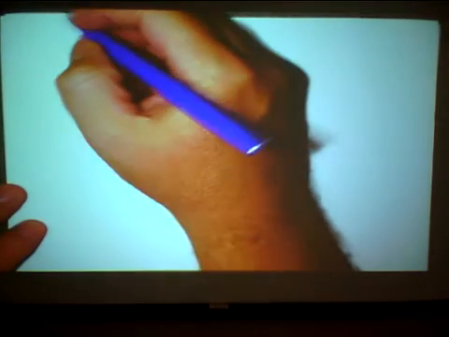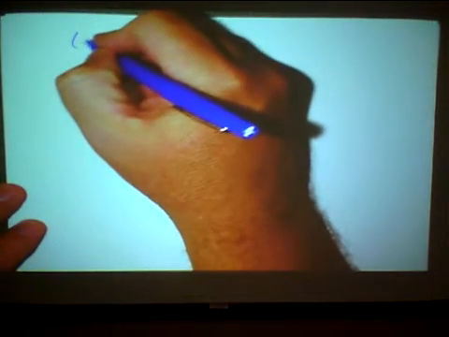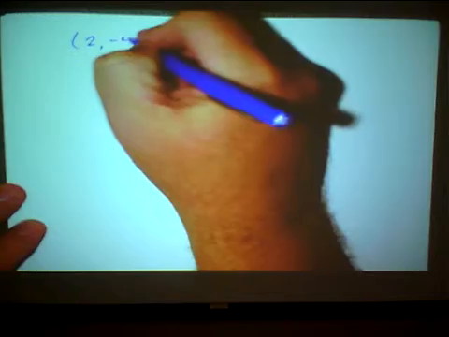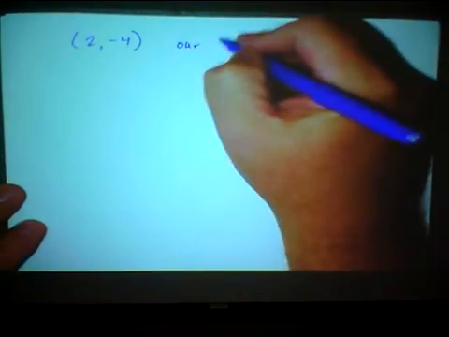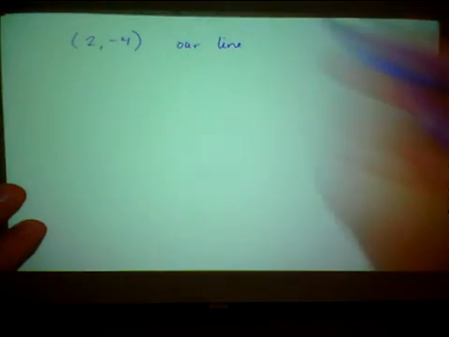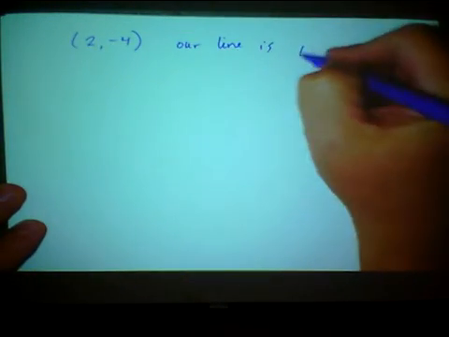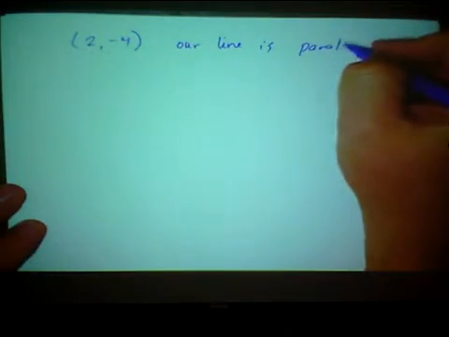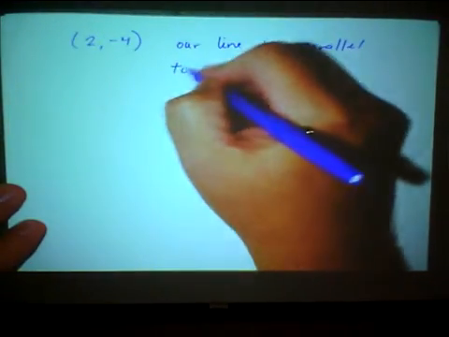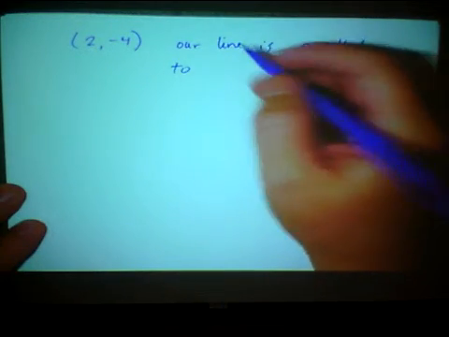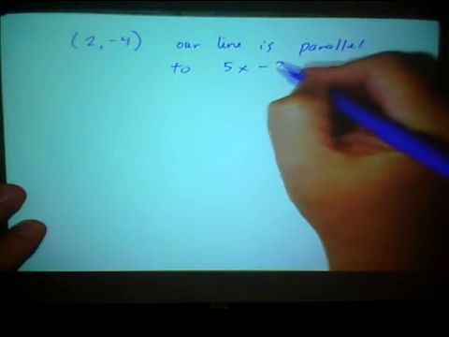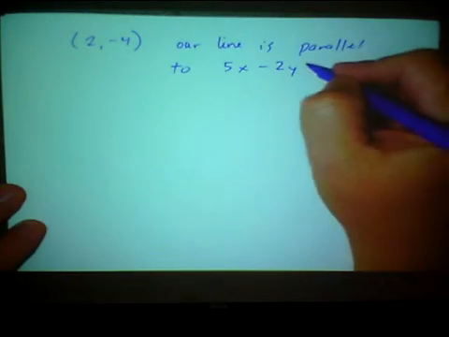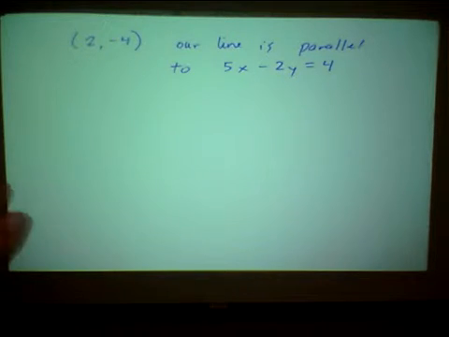On our line, there's a point (2, -4), and the line we're trying to get the equation of is parallel to a separate line, and the second line is 5x minus 2y equals 4. So let's talk about what's going on.